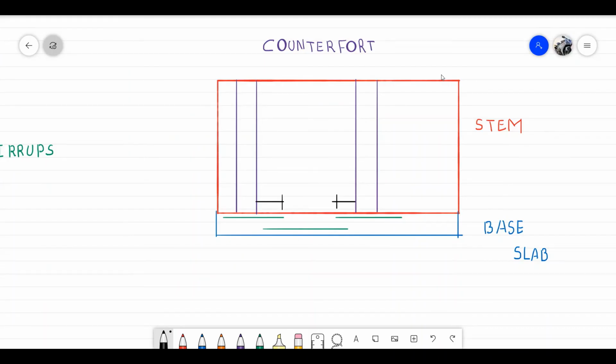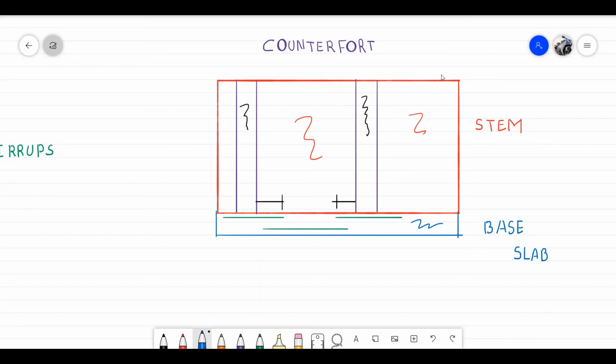Okay. So in the example you see a 900 mm development length is given. So what is 900 mm? Imagine here is a figure, it's a counterfort, purple color you can see, it's a counterfort, okay? And here is the stem and these are the base slab, right? So here is a connection between counterfort and base slab.